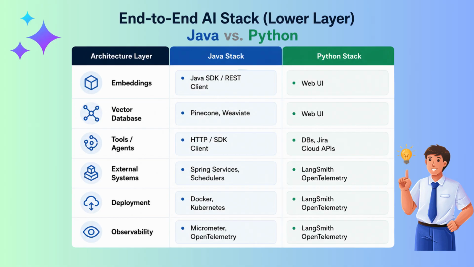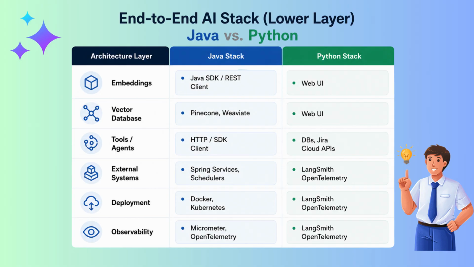Next is the vector database. Tools like Pinecone or Weaviate act as a semantic memory. This is how the system remembers information without retraining models. Then we have tools and agents. In Java, these are usually services and schedulers. In Python, they appear as agent loops calling APIs, databases, or Jira. External systems stay the source of truth.